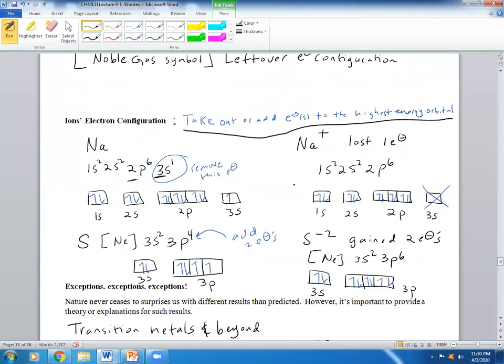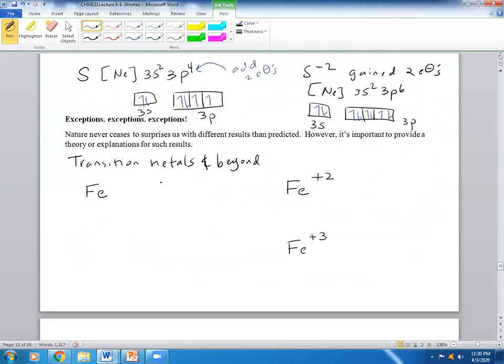It means the highest n value. So for Fe, and again, we're just doing the abbreviated, that would be Ar 4s2 3d6. What does the plus 2 mean? Lost 2 electrons. So you might be saying, oh, well, let's take it out from d. Except that that's not your highest energy orbital.